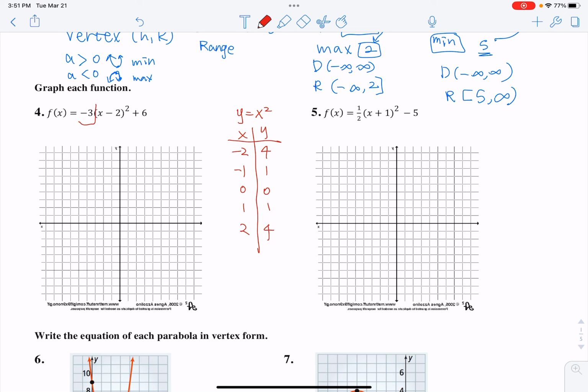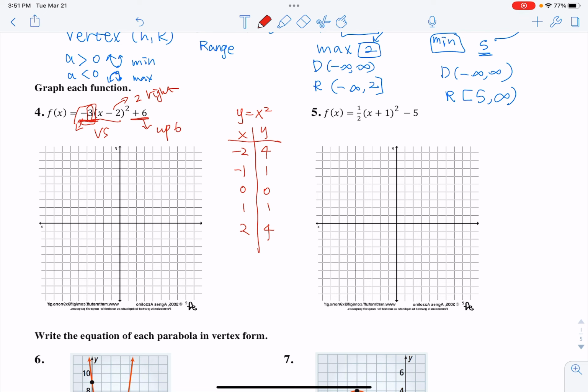And look at this one. The first negative will be reflecting over the x-axis, and 3 means vertical stretch. So those -3 values will affect the y value, and x - 2 means it moved 2 to the right. And then plus 6 means up 6.